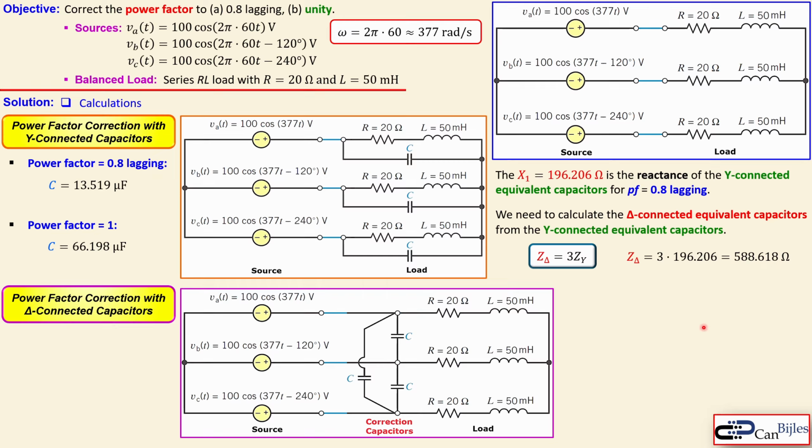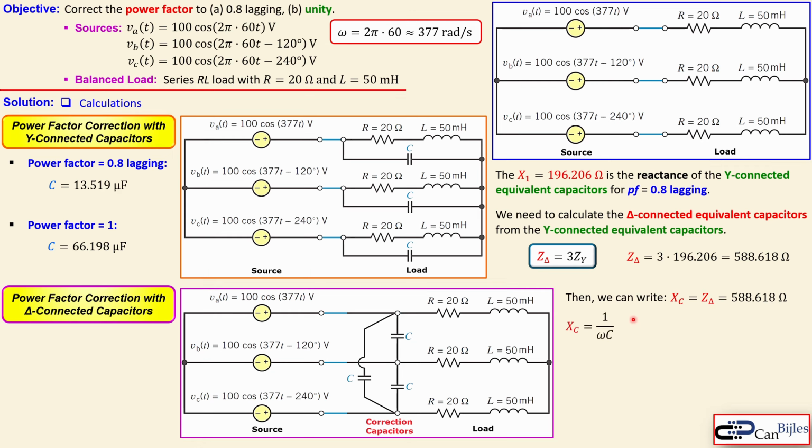And now we can again use that to calculate the capacitor for that configuration. So actually this capacitor, and also this capacitor, are of course all the same. Now, we have a new reactance X of C, which is then the Z delta, which is 588.618 ohms.